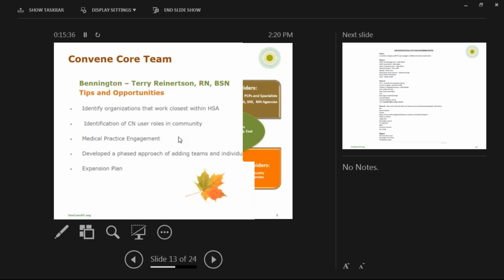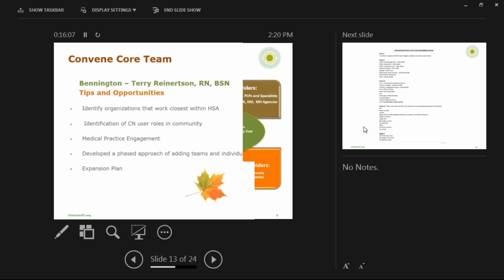So SASH, Bennington Project Independence, they looked at those and came up with a phased implementation plan, which I'll share in a little bit, identifying the Care Navigator user roles in the community, and also, because they do have care coordinators in the medical practices, letting those practices know what was going on with their plans.